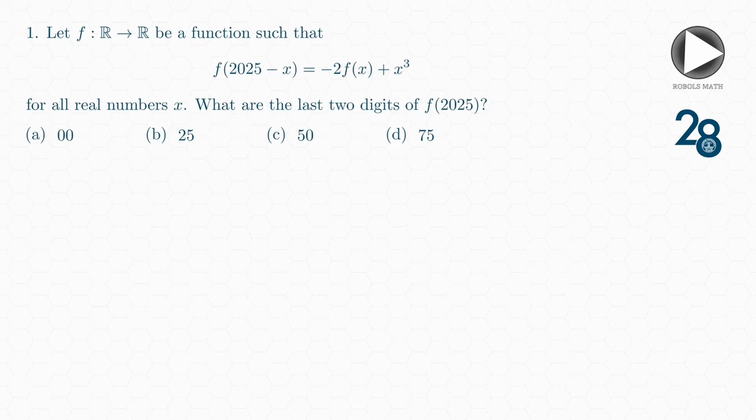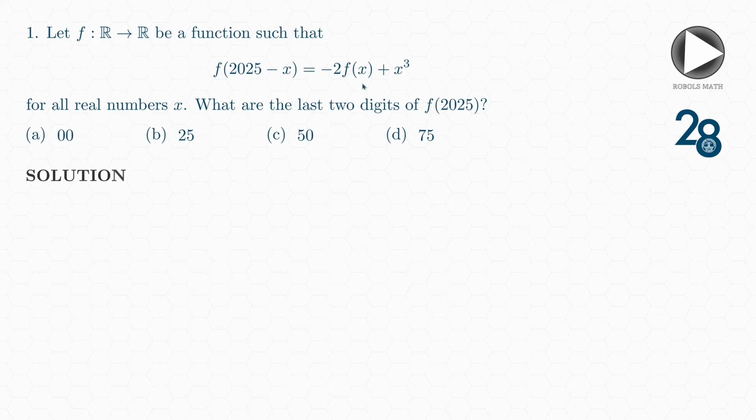When given functional equations like this and you are asked for specific values, a good first step is to look at what if x is equal to what you are looking for. I mean, what the input value is being asked for. In this case, we're looking for f of 2025. So perhaps it's a good idea to look at the values of x where you'll get 2025.